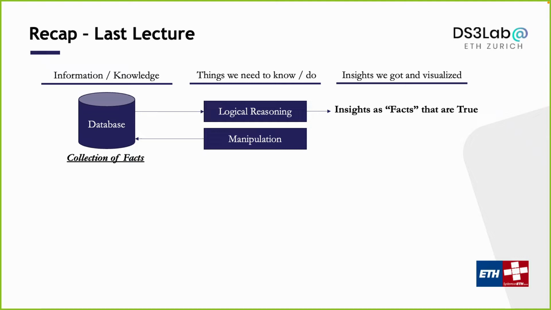And of course, there are other ways to extract insight from this collection of facts. For example, you can do statistical analysis, you can do machine learning, which we are not going to talk about in this course. There are many different ways you can extract insight from your data, and in this course, we are going to focus on how to do that via logical reasoning.